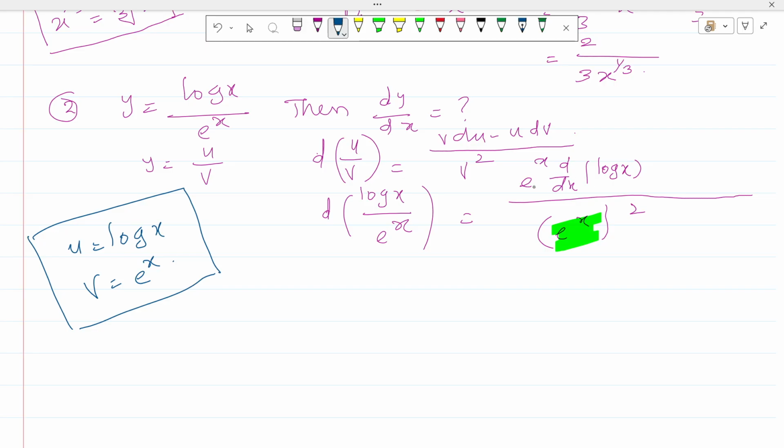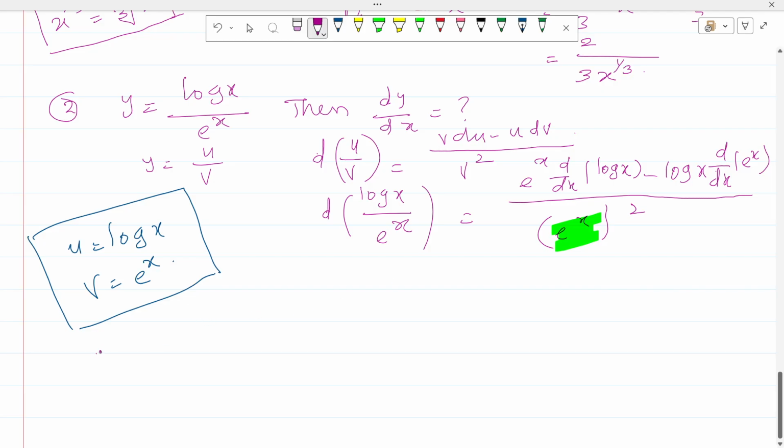First you have to keep v, e power x, d by dx of log x, minus keep u, log x, and then dv, v is e power x, so d by dx of e power x.